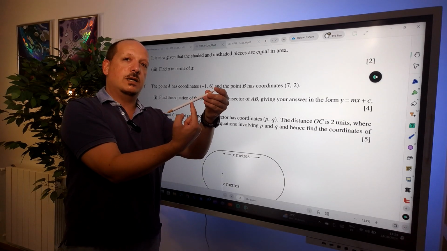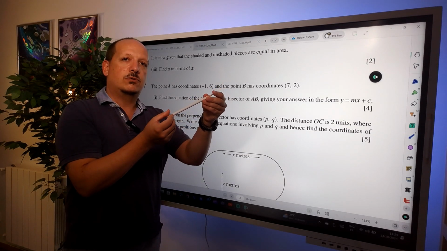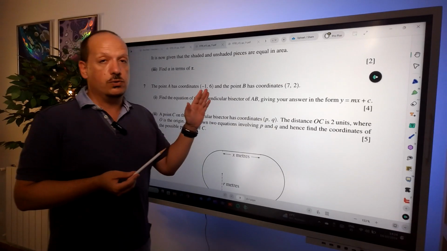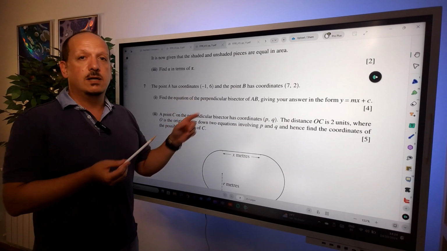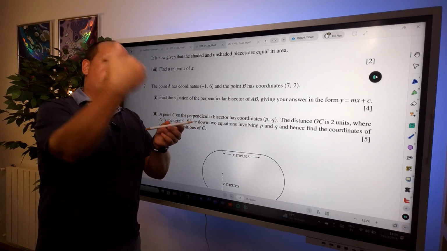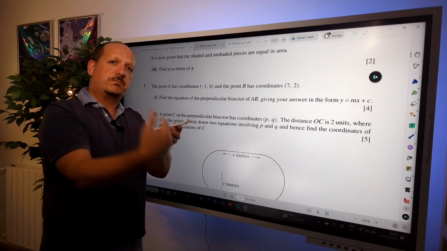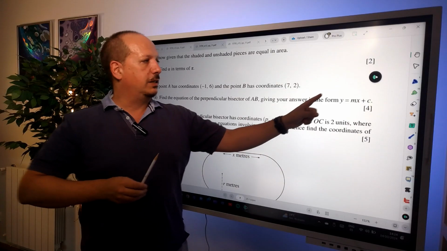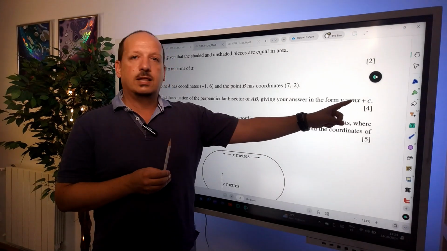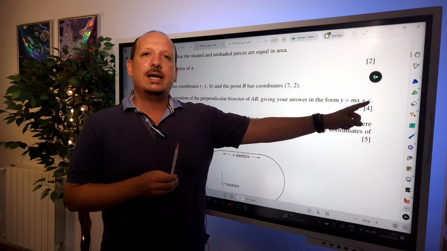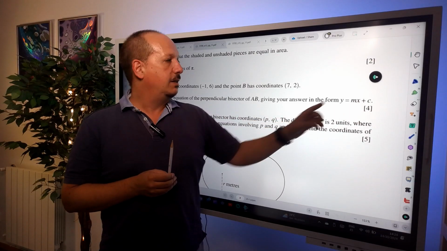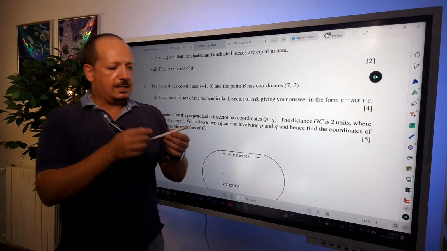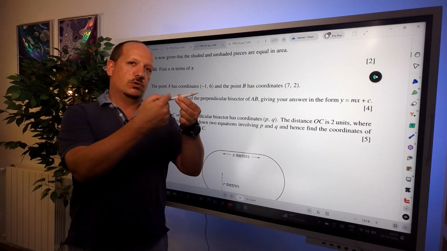This is going to be the midpoint, right? So you will have to use the equation for the midpoint to know the equation of the perpendicular bisector. In order for you to be able to provide the final answer, you need what? You need the gradient and you need the y-intercept, right? So let's keep in mind about the midpoint over here.